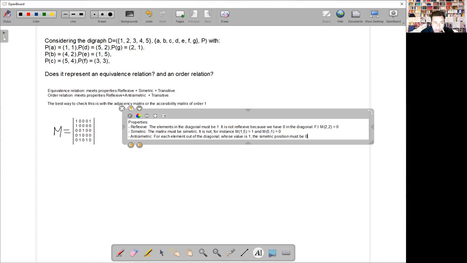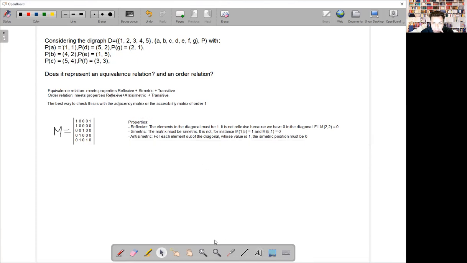So let's mark these elements in the matrix, right? As we can see, for the symmetry, let's mark them. Okay, why is this line so thick?